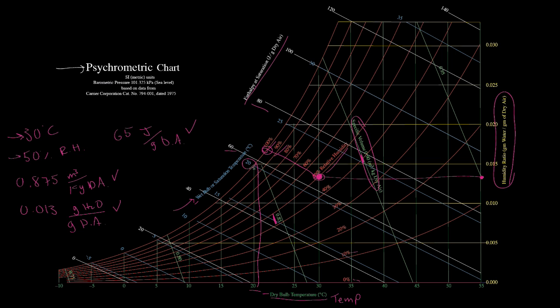So in this case, the wet bulb temperature has these slanting blue lines. The enthalpy has the slanting white, so we would just have to be parallel to those when we moved back. The yellow over here is the humidity ratio, and so all these different pieces of information can be used. The units may vary, the colors may vary a little bit, but effectively this is the general schematic for reading a psychometric chart.